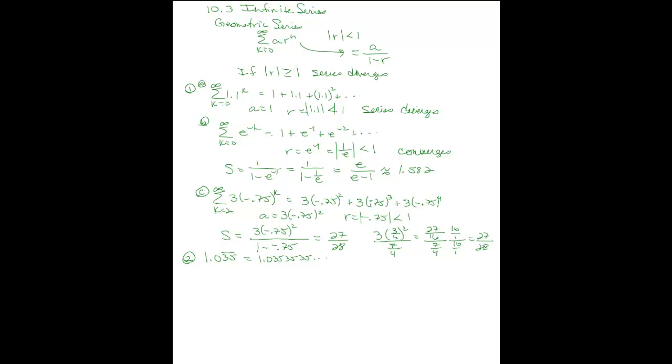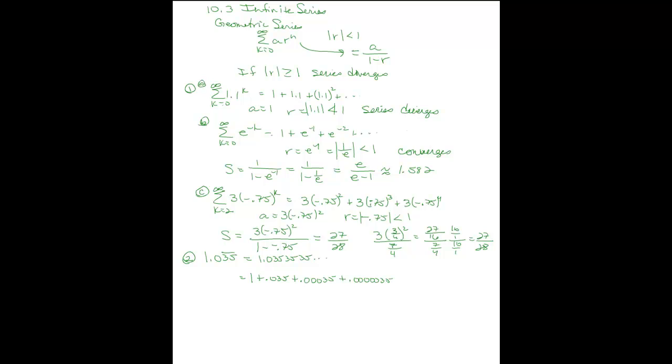So if I start writing down what's going on here, I'm going to say that I am starting with 1, and then I'm going to add to it 0.035, and then I'm going to add to it 0.00035, break it off by the 35s, plus 0.000035. So let's see what's happening here.